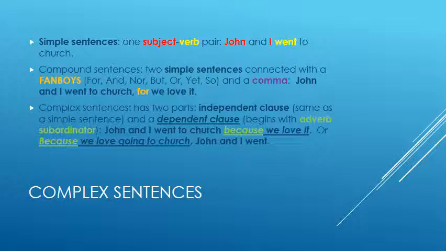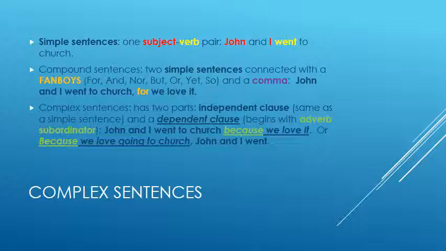The other one we talked about is a compound sentence. And a compound sentence is basically 2 simple sentences connected with the fanboys. And we remember that the fanboys are for, and, nor, but, or, yet, and so. But we also have to have a comma there as well. Okay, so for a compound sentence, we really need 3 things.